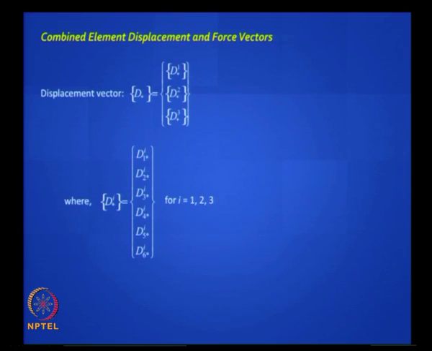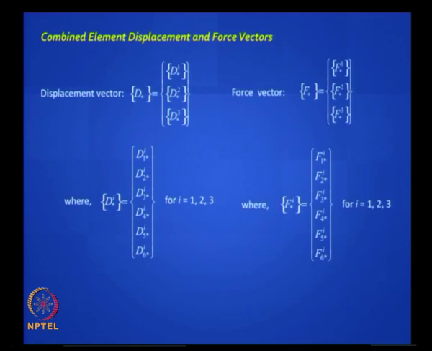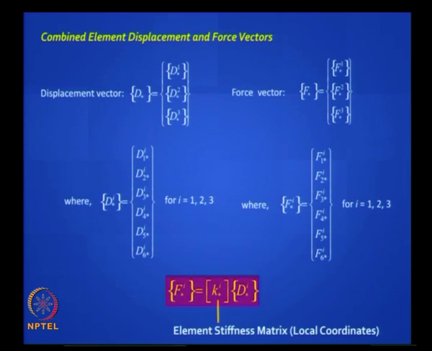But with 3 elements, maybe it is nice to put them all together in one line. Similarly, I can do it for F star. Is it clear? So we will call these the combined element displacement and force vectors. It is optional. You may never need to do this, but sometimes for small structures it is good to put them in one line.